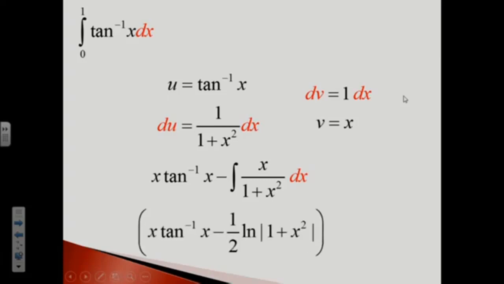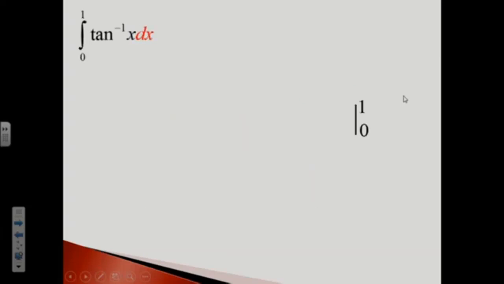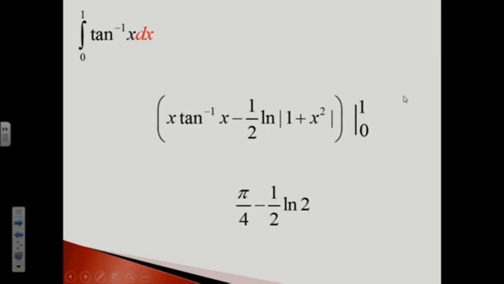Using substitution for the integral on the right gives 1/2 log n of 1 plus x squared. To find the definite integral, evaluate the antiderivative at the limits and take the difference. The result is pi over 4 minus 1/2 log n 2. Check appendix for formula 180.